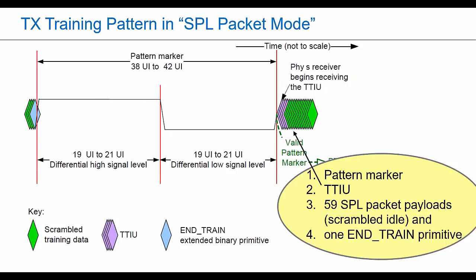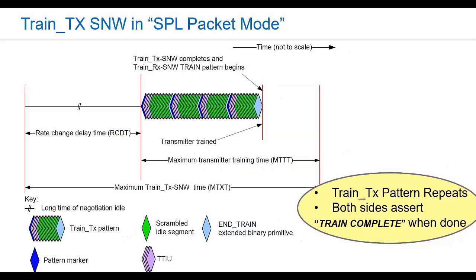So with 24 gig, the scrambled idle stage is longer, right? They use a new primitive here, ntrain. This is one of the extended binary primitives. So that's used to delineate the end of the pattern and the start of the next. So this basic training pattern repeats while each PHY tries to improve the signal within its channel.